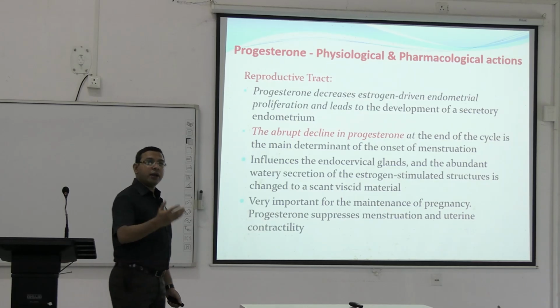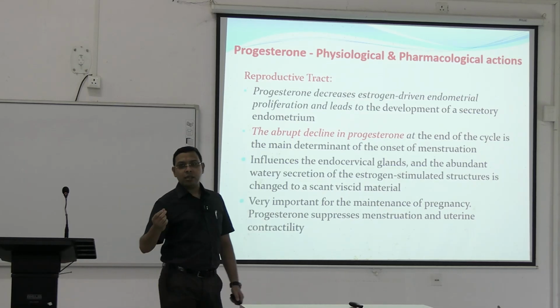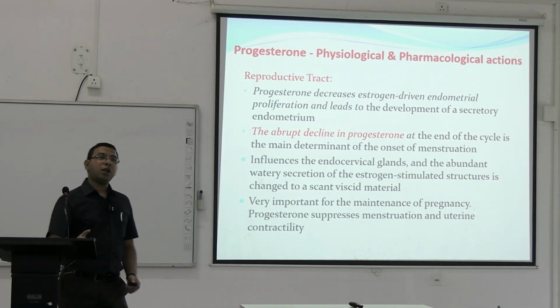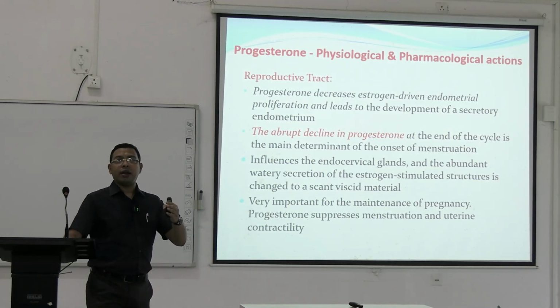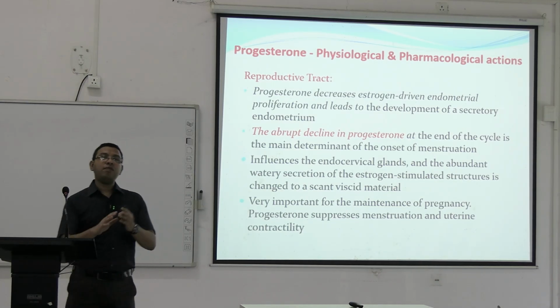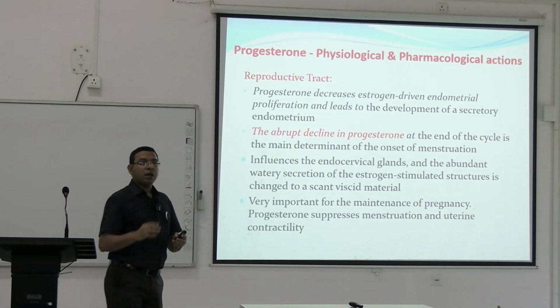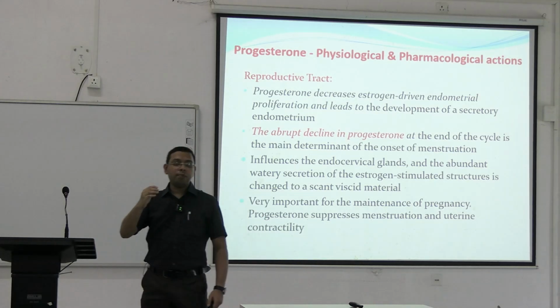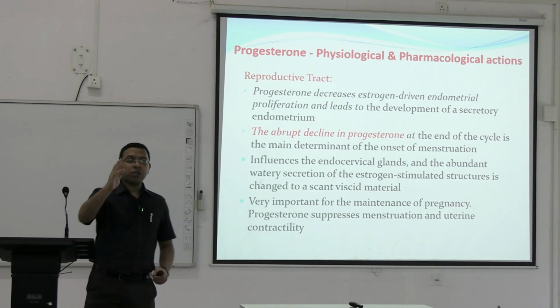If there is pregnancy, if the ovum that is released in the mid-cycle is fertilized, the progesterone will continue to be secreted, and this ultimately supports the blastocyst. So if there is no pregnancy, the progesterone level drops at the end of the menstrual cycle and then menstruation happens.